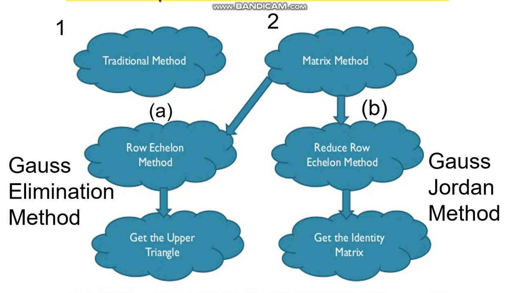It is an important note that these two methods are used for three sets of equations. Category A is also known as the Gauss elimination method, and category B is also known as the Gauss-Jordan method.